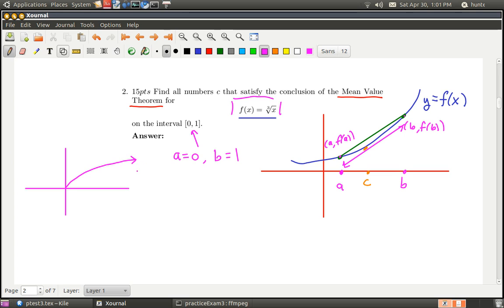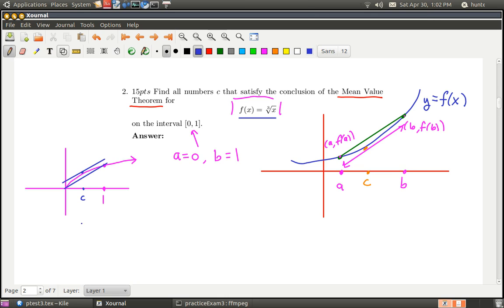For the sake of having a picture, let's put 1 here. We're going to have this secant line between 0 and that point, and now we're going to try to find this value c for which the tangent line is parallel to that secant line.